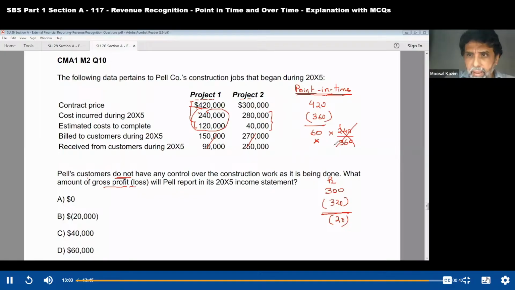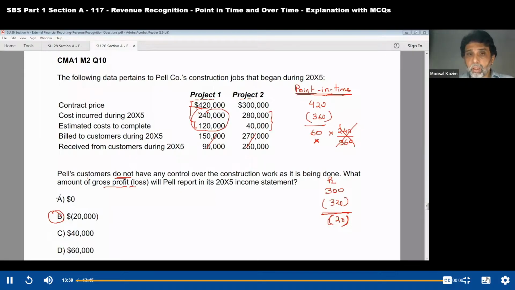The accounting entries for that I will show you later, but you would recognize this loss immediately. So no profit for project 1, loss for project 2. B is the right answer. So I hope you got the concept for point in time and over time very clearly, right? So now we should do more questions for over time when there is more than 1 year.